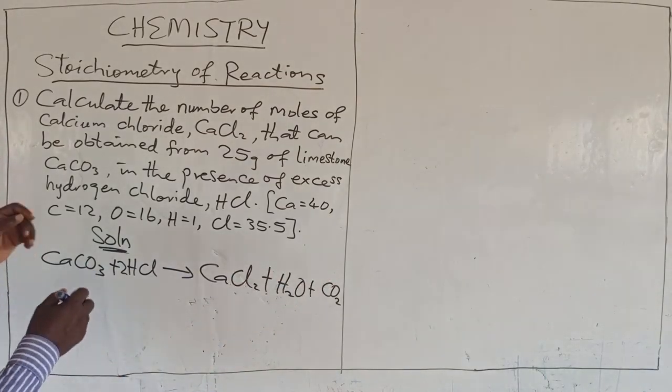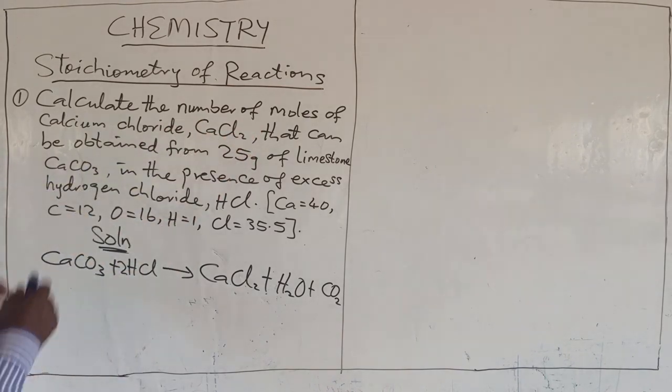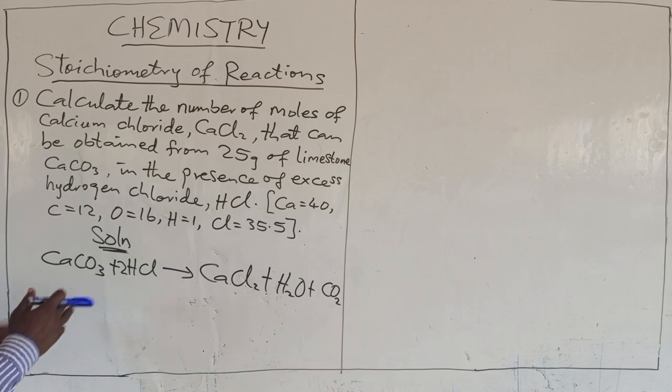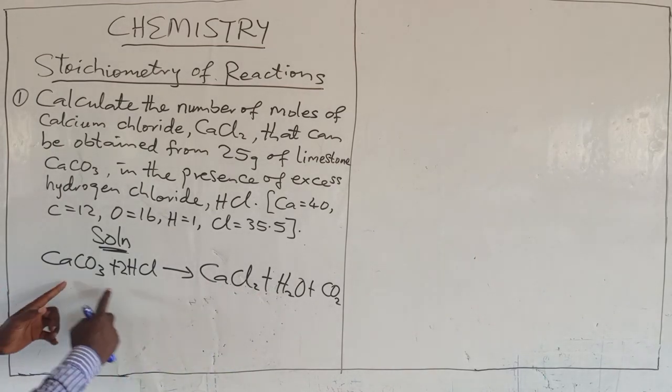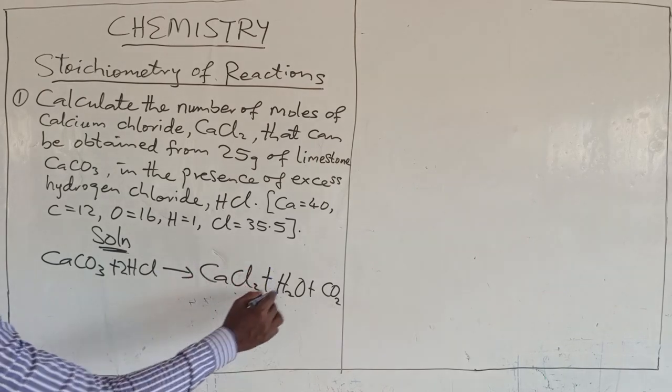Okay, now let's go back to the question. They said you should calculate the number of moles. What is very important in stoichiometry is that you are using moles to solve it. Now you have balanced the equation. 1 mole of this produces, check what is in front, that's the mole at this point.